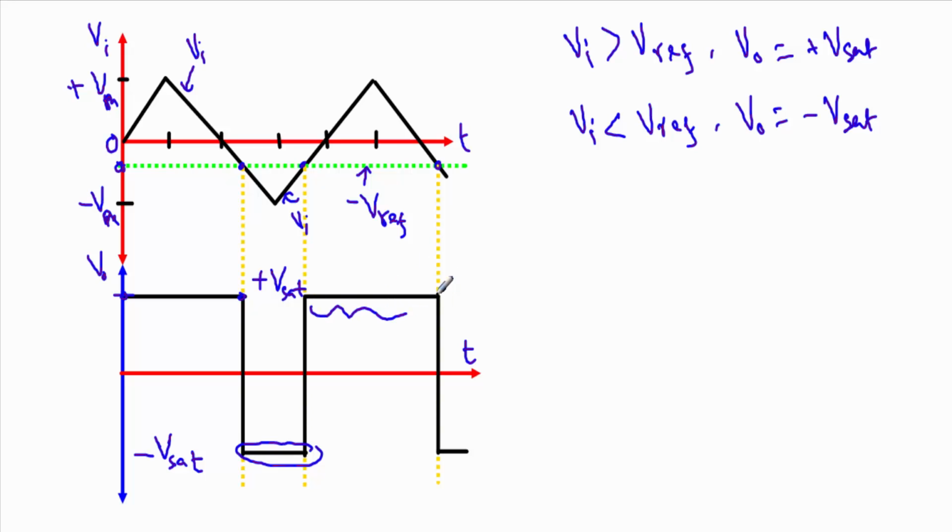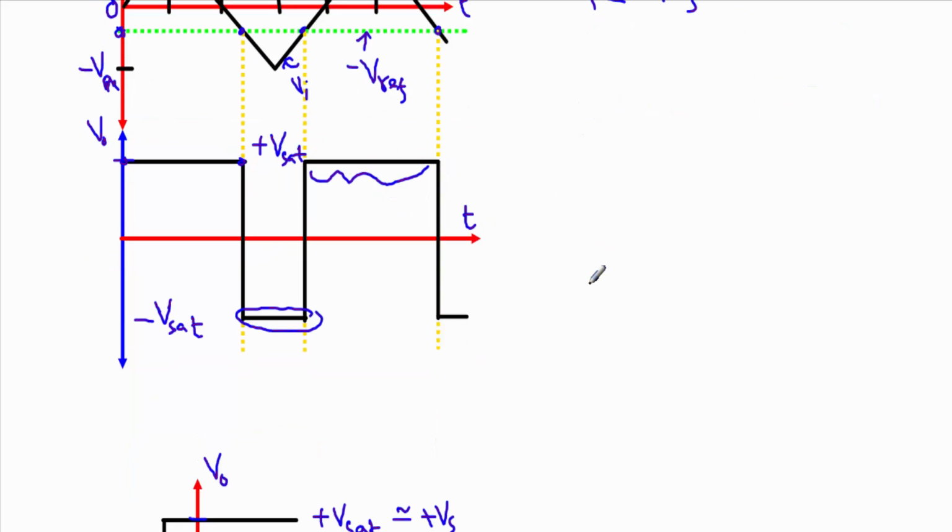So see, whenever this input voltage encounters our negative reference voltage, there is a transition in the output voltage which indicates that the input voltage has come across a negative level. That's why this is called a negative voltage level detector, or negative level detector.